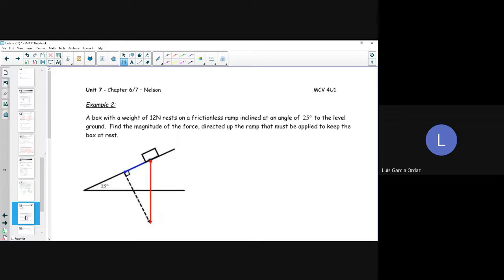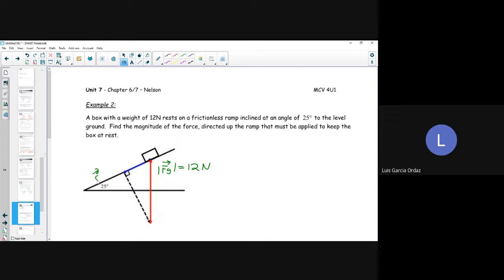So let's label this guy over here vector R. So the weight of my box, vector F at G, is going to be 12 newtons, okay?